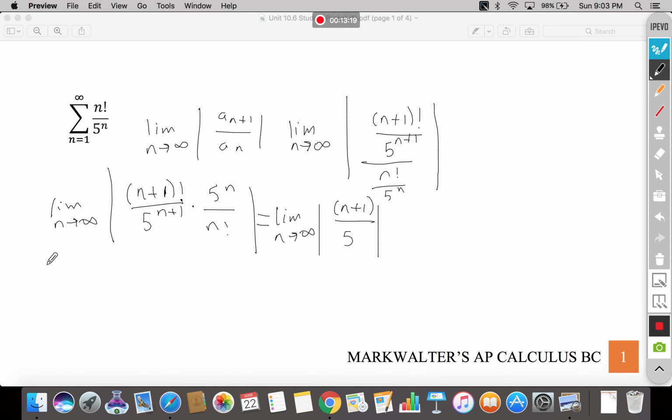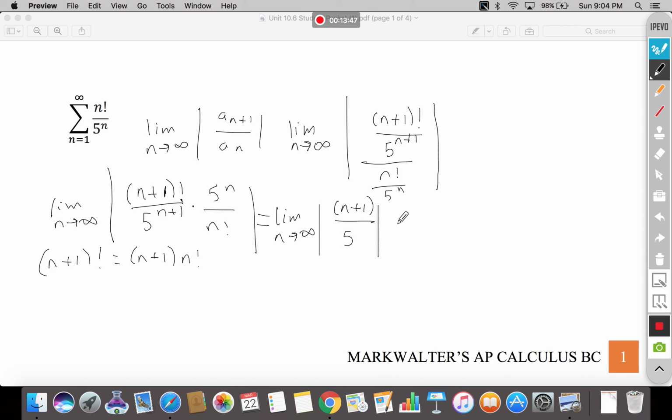N plus 1 factorial is really equal to n plus 1 times n factorial. And so I said, hey, I have an n factorial down here, so I'm going to cancel out n factorial with all of this, but it would leave me with the n plus 1. That's just an extra little help for how I did that cancellation. And the 5 to the n plus 1 leaves me with a 5 left over in the bottom.